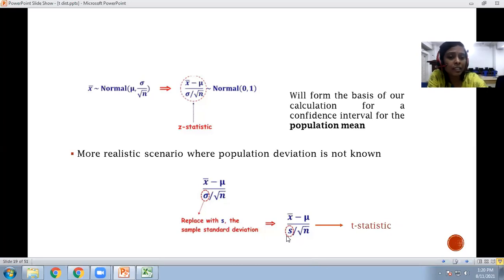You can calculate that. So the Z statistics formula, where we used population standard deviation, we are just replacing with sample standard deviation s, and now this formula becomes your T statistics. There is only one change: your sigma is getting changed to small s, and therefore the Z statistics formula is converting to your T statistics formula.